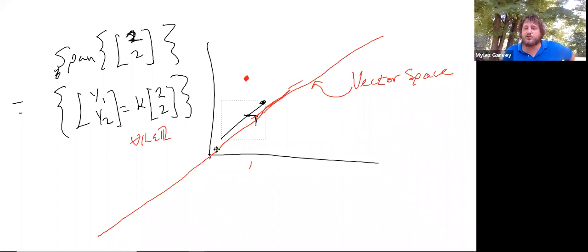If I take two of these and add them, because they're in the same direction, I'm still in the line. There's no way I can change the angle to get that point. It's impossible. To do that, I would need another vector. So if I have two vectors like this, then that's possible. Yes, I can find a k1, k2 to possibly get that.